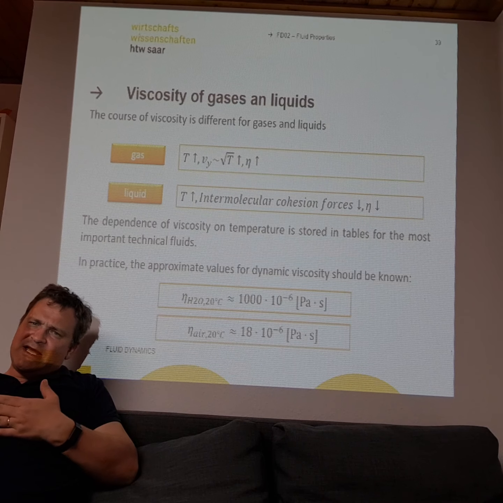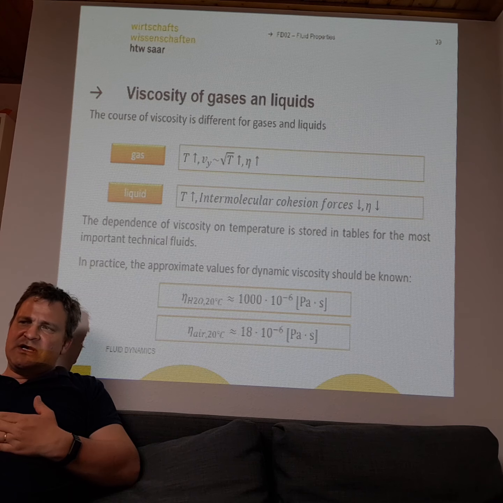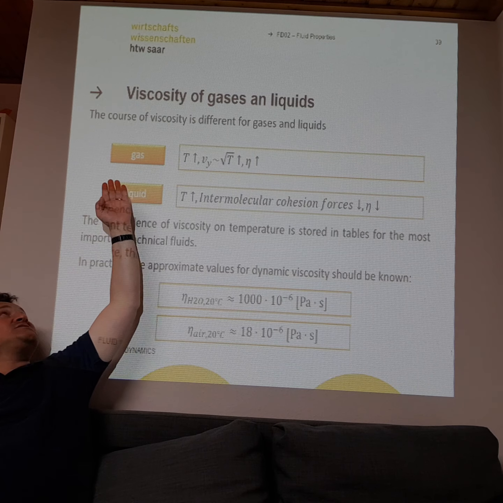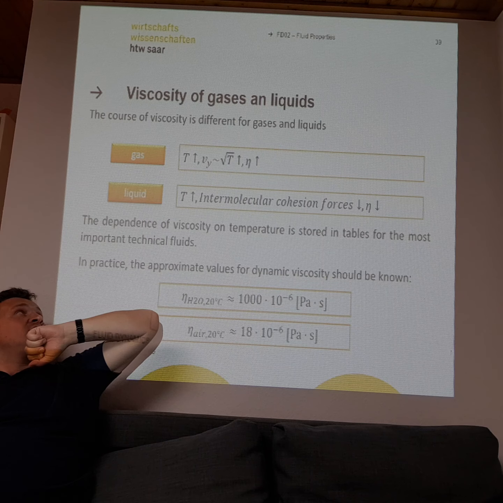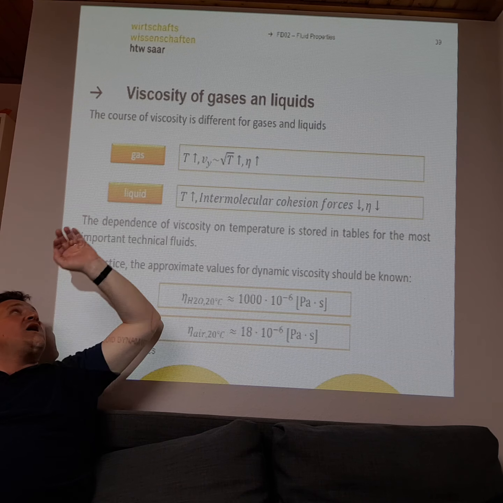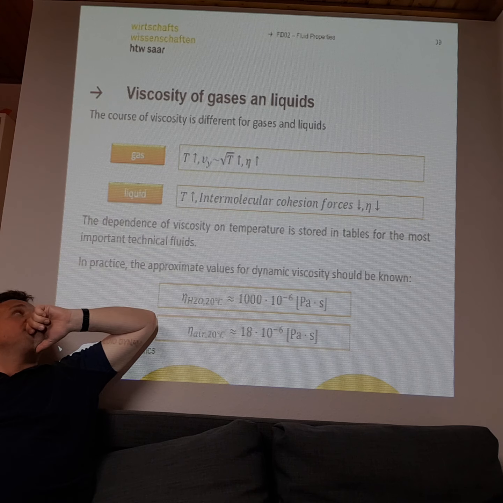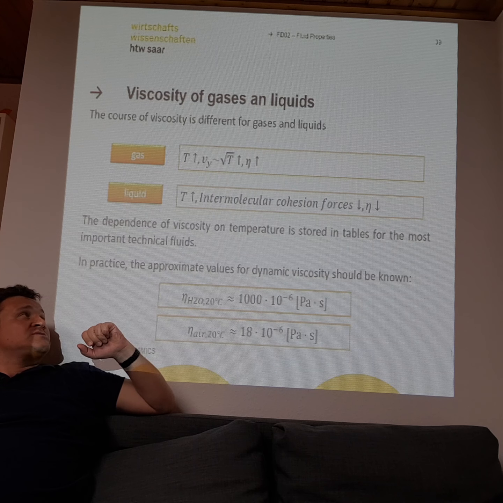Yeah, it makes it again more complicated. Viscosity behaves differently if we have a gas or a liquid. For example, if we have a gas and we go up with the temperature, we have higher viscosity. If we have a liquid, we get lower viscosity.